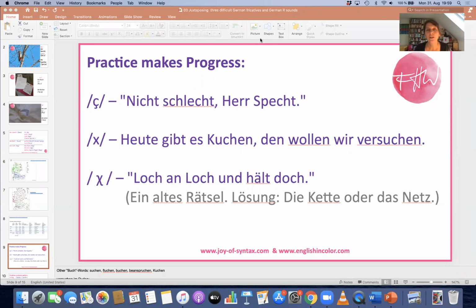So it's an old riddle, and it means a chain or like a net where you have all these holes next to each other, but you still have something that's holding up. So Loch an Loch und hält doch. Okay, so there is one hole next to another and still the whole thing sticks together, or is stable. Loch an Loch und hält doch. Okay, you can practice that.